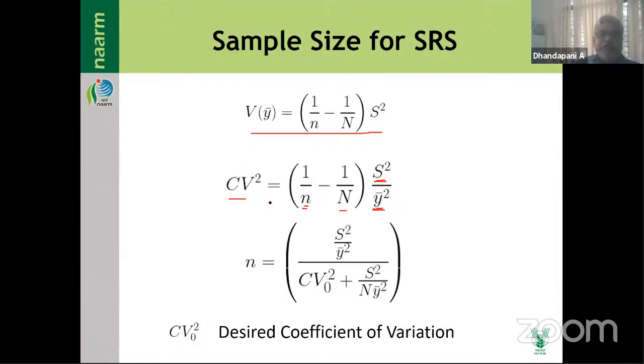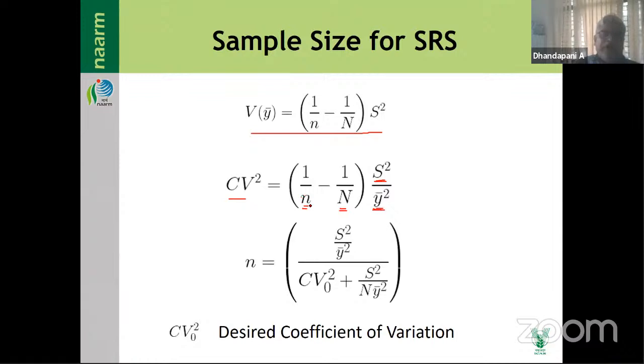So in this equation, CV is not known, S squared is not known, Y bar squared is not known. The only quantity we may know is this capital N, the population size. Sometimes we may not know even this. Now we want to decide about n.